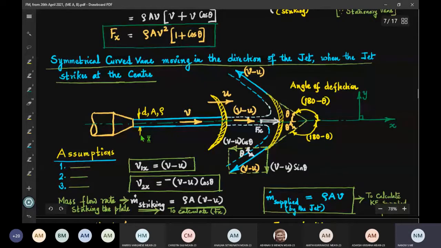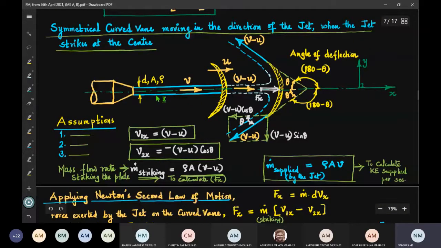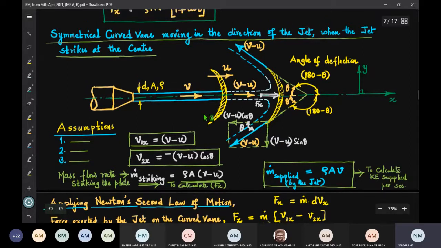And the diameter of the jet issued from the nozzle, we are talking about a cylindrical jet, is d, and the area of cross section of the jet is A, that is pi by 4 d square, and rho is the fluid density. In this case, you are considering incompressible fluid, that is liquid jet. So now we'll consider the other aspects.